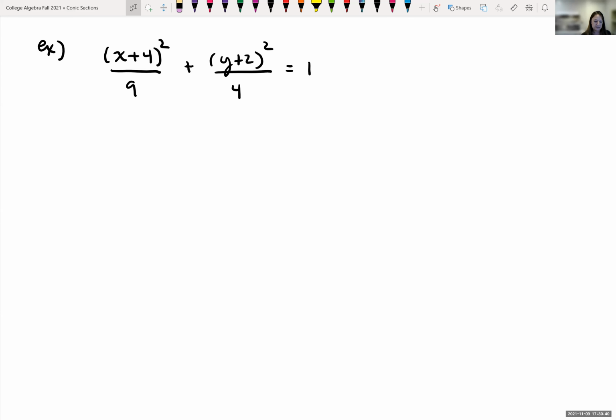Okay, so it's already in this form that I can tell what the center is, and I can tell which way it's elongated. So looking at the larger number in the denominator, I see that's 9. The 9 is underneath the x values, so that tells me that it's going to be elongated with the x-axis.